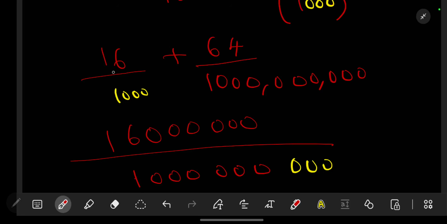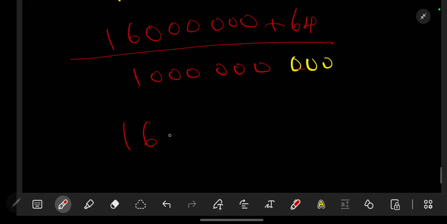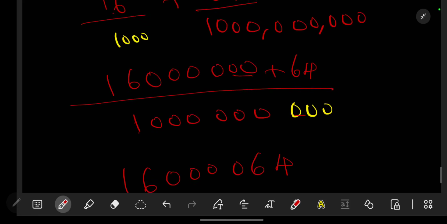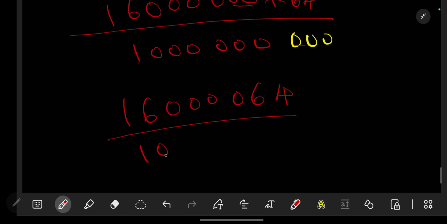So just write 16 times 1 is 16, then repeat the zeros. This number divided by this number is 1 times the 64. So the final answer can be 16 followed by zeros, then we are going to have 64. So look at the place values, then over 1 billion.